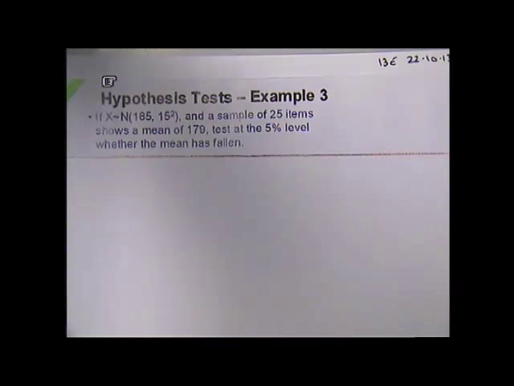So we're still looking at hypothesis testing for continuous random variables only. If you think back to last time, we had a 6-point plan of things to go through for every hypothesis test we came across.